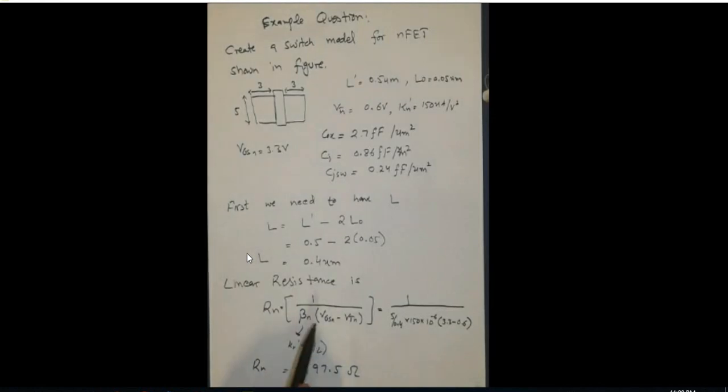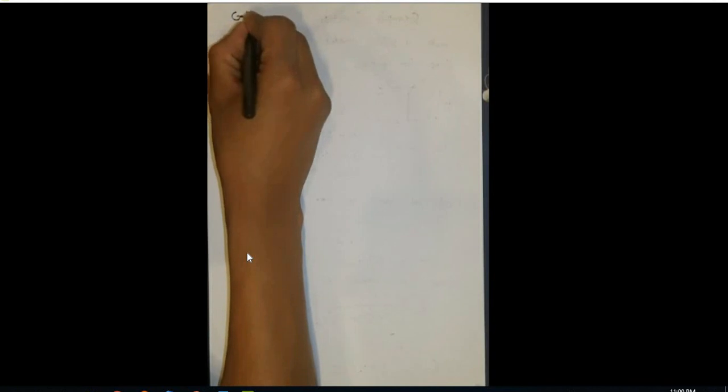So we have used the formula for the linear resistance. That should be kept in mind as well. So after this linear resistance, we have to find the gate capacitance.